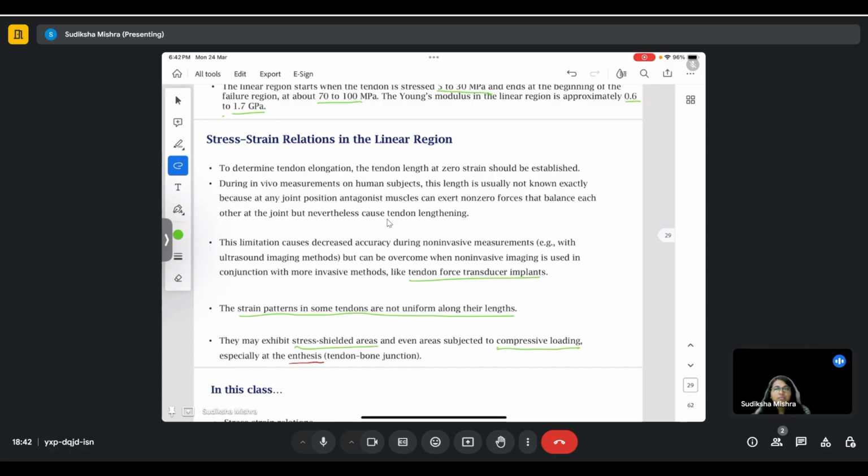Because of this non-uniformity, it's very difficult to measure on human subjects the values for the stress strain relations in the linear region and other regions in the graph.